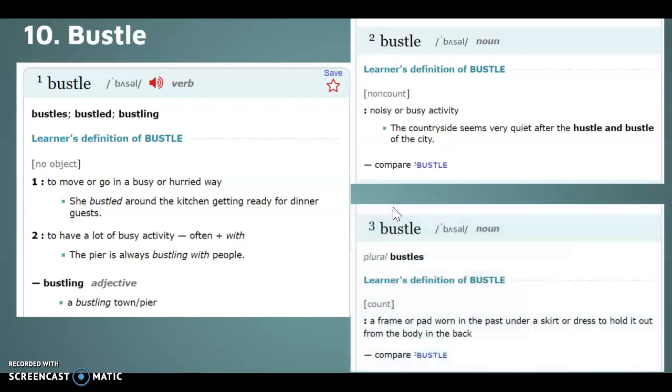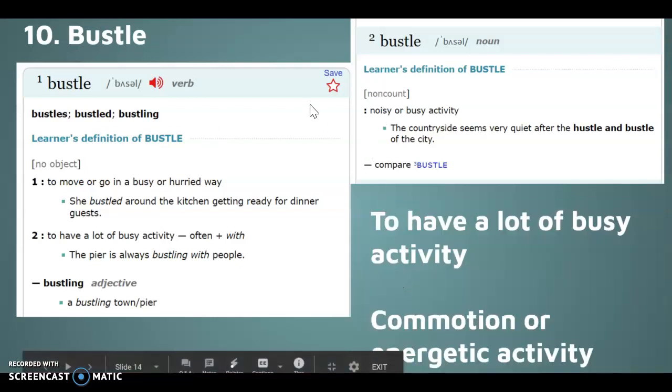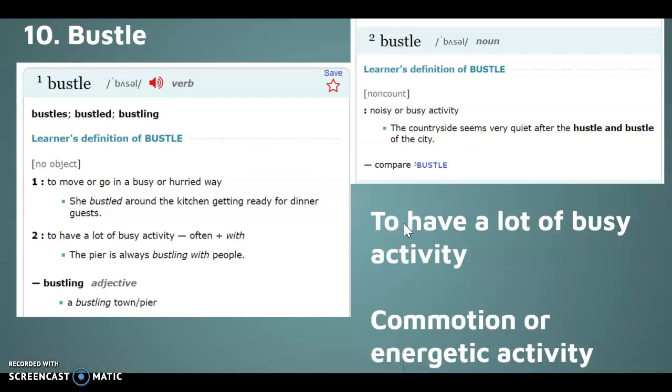And then there's also this third definition, which is a noun. We're not going to focus on this one, but it can also refer to a piece of clothing worn back in the day by women under a skirt or dress to kind of poof it out. But we will be focusing on definitions 1 and 2.